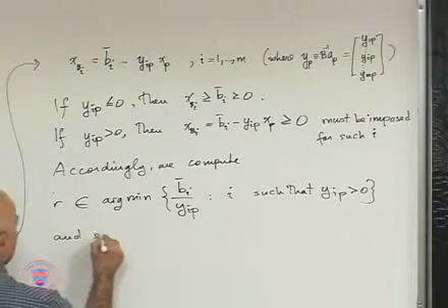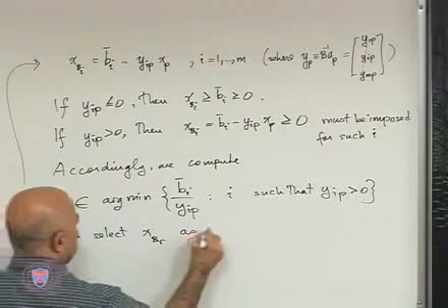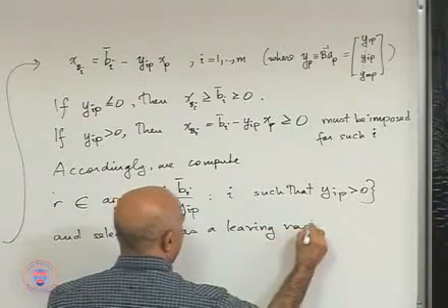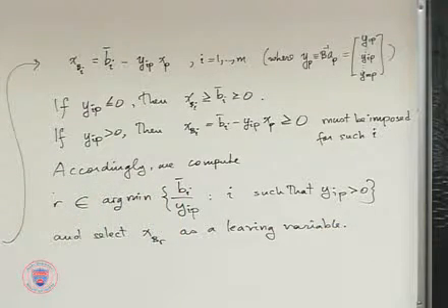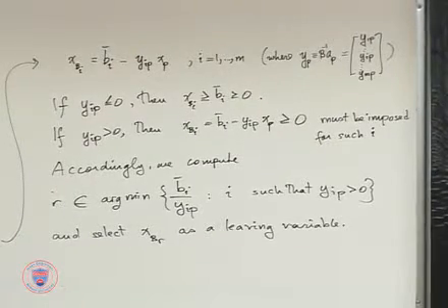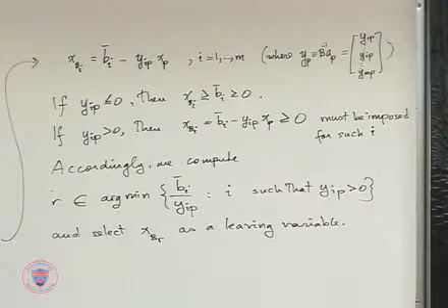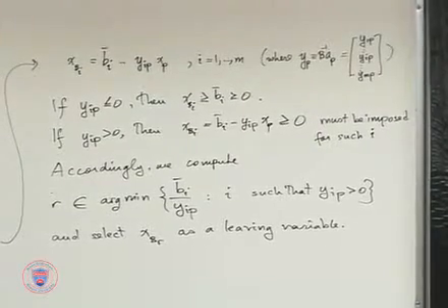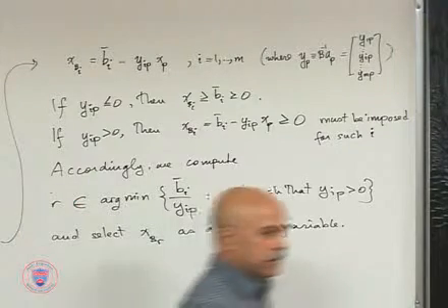And select x_B(r) as the leaving variable. I think we got to this point, actually. I had to review that because we can't just start in the middle of everything and expect you to really follow all the arguments. So I hope all the arguments are clear until now.